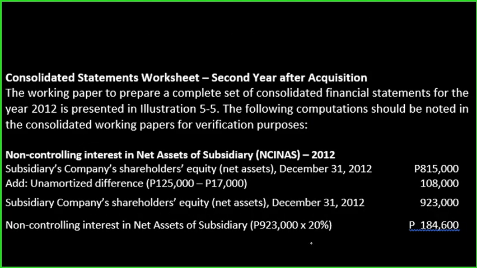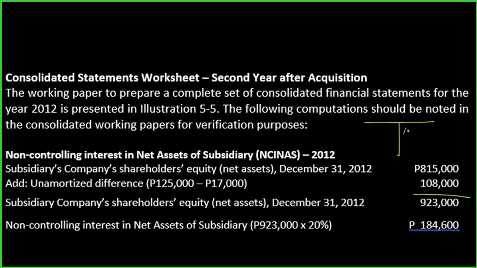Okay? So, for the second year, you now have your minority interest. Paano po na-compute yan? Okay? Yan. And yan. Or you can compute using the T accounts. Okay? So, magkano ba yung ending balance natin last year?